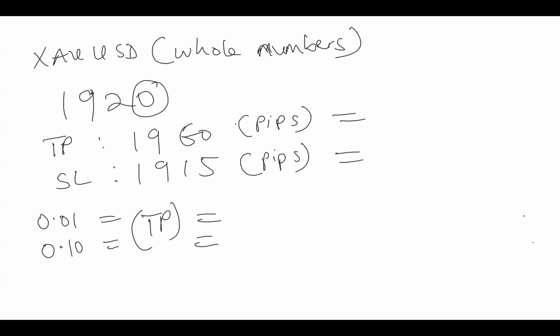Right, so everybody says 40 pips. And the person makes what? $40. No, you're actually wrong.